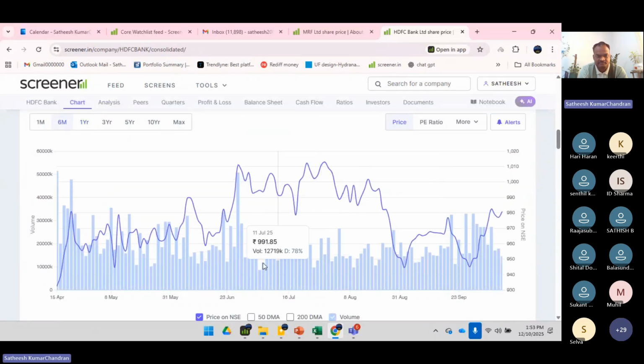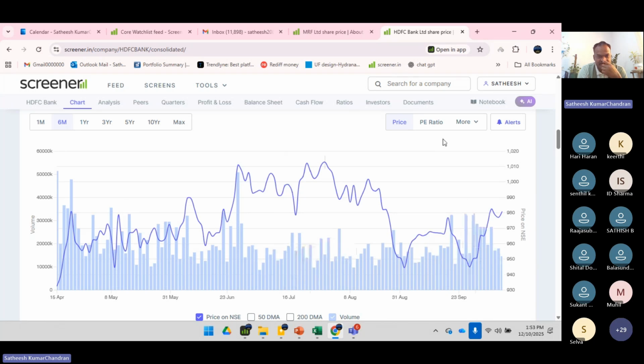See the volume here. Here the volume is very high and low. We have to combine this. These bars are volume indicators.